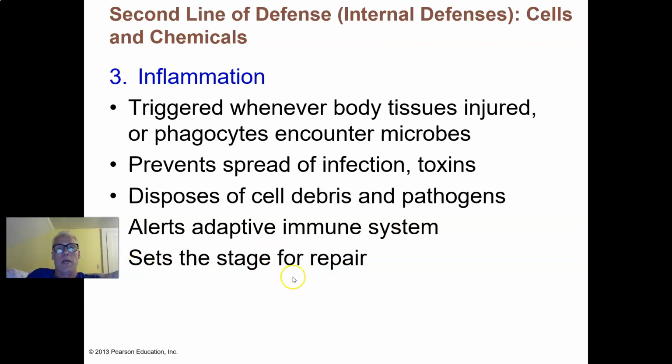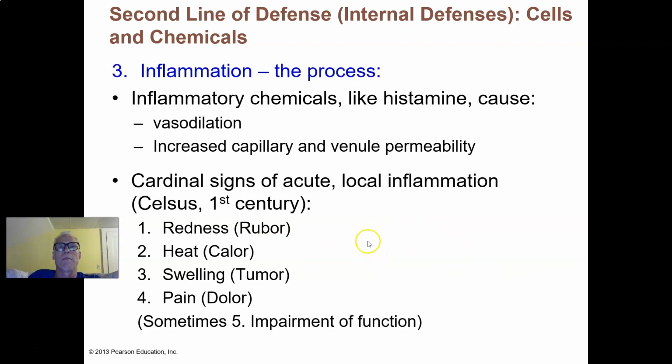And inflammation sort of sets the stage for wound healing, the repair of the tissue. We have a tissue injury, we have an infection, we're going to conquer that infection, then we're going to be wanting to fix things up, and so inflammation brings about the changes that will eventually lead to wound healing. So wound healing, or inflammation, I'm sorry, is initiated by chemical agents that cause vasodilation and increase permeability of capillaries.